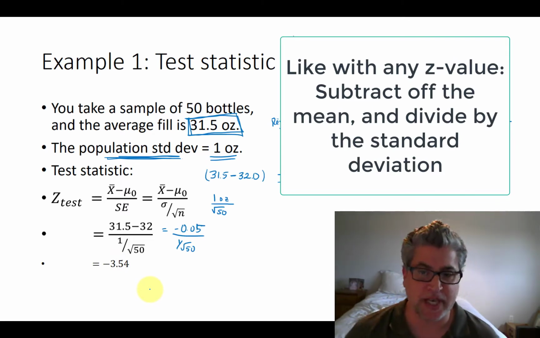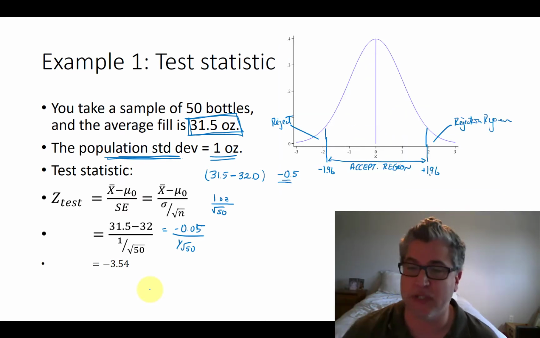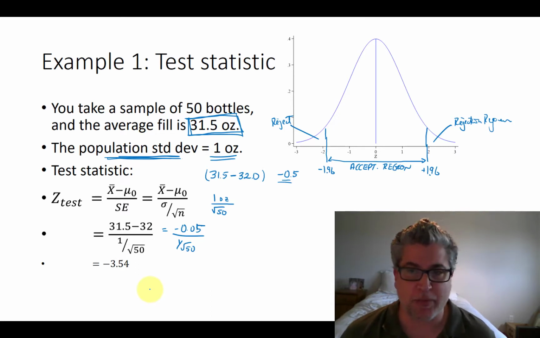Now let's just pause for a second, because I would rather you understand this than just know what to do with this number. If the machine is working properly, so if this thing were actually doing, on average, 32, well, that's your distribution of x's.